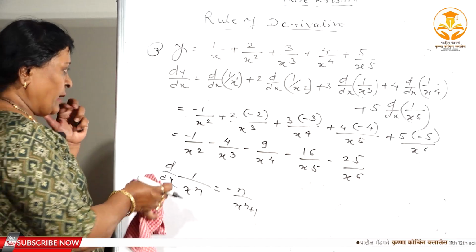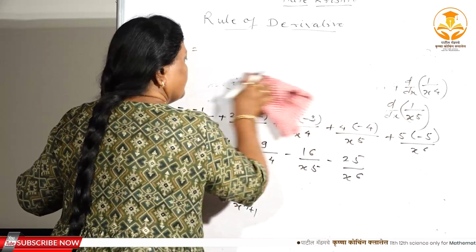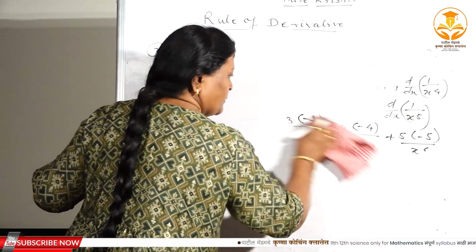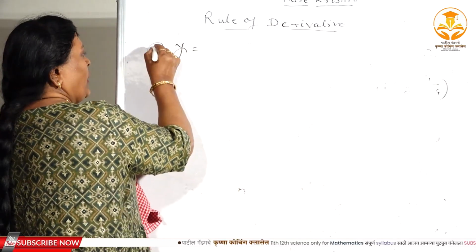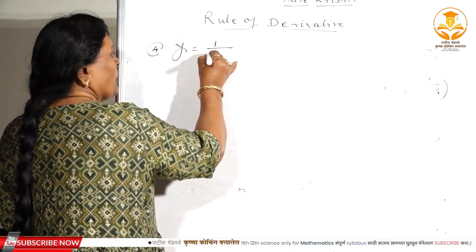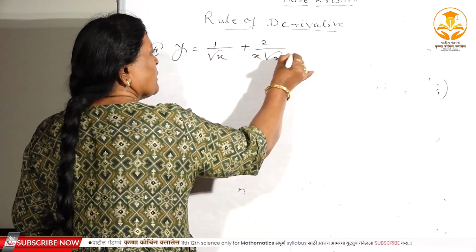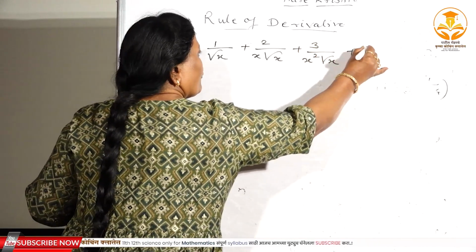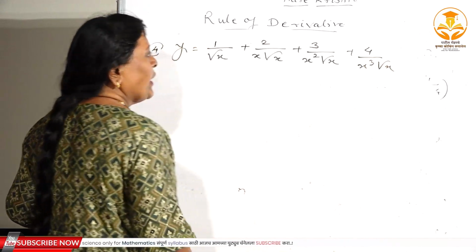Right. Again I will take one more problem. See, suppose y is equal to 1 upon root x plus 2 divided by x root x plus 3 divided by x square root x plus 4 divided by x cube root x. Right?